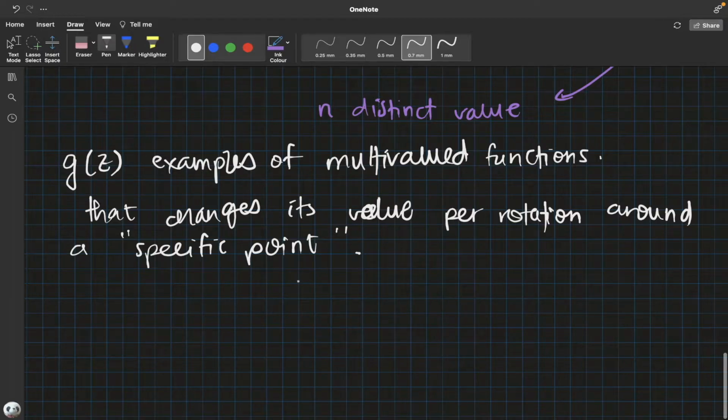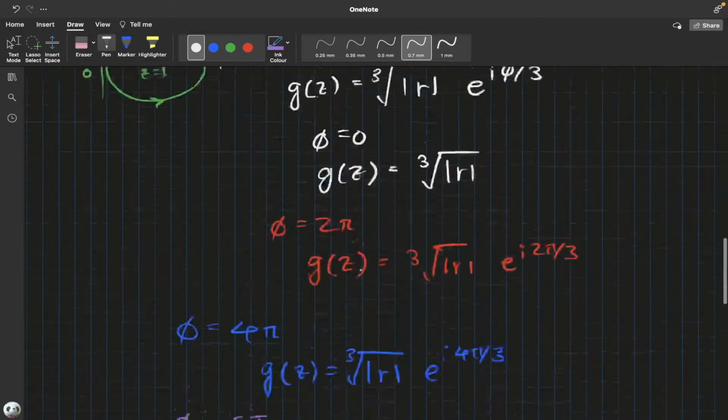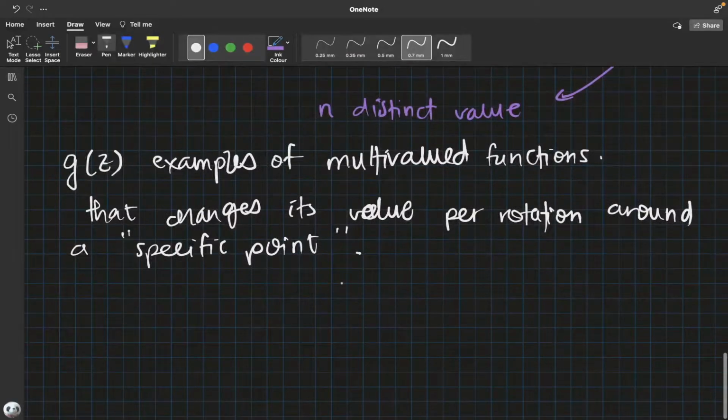Single-valued functions like f of z are special cases of multivalued functions where there's just one distinct value. The square root had two distinct values, so that's a two-valued function. Cube root is a three-valued function with three distinct values. Single-valued functions are multivalued functions of just one value.